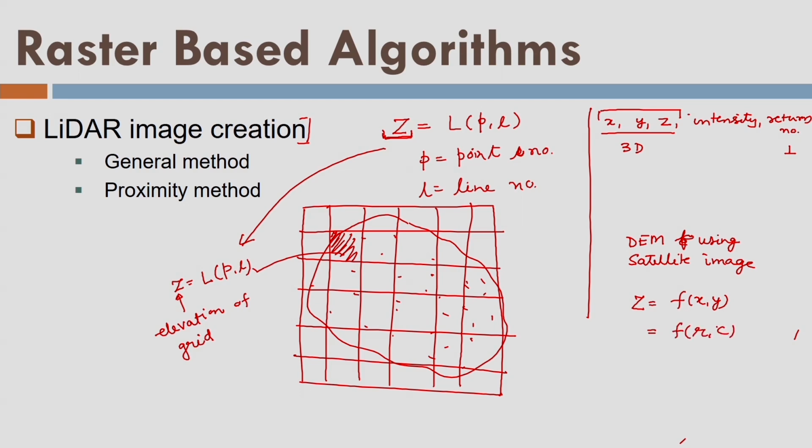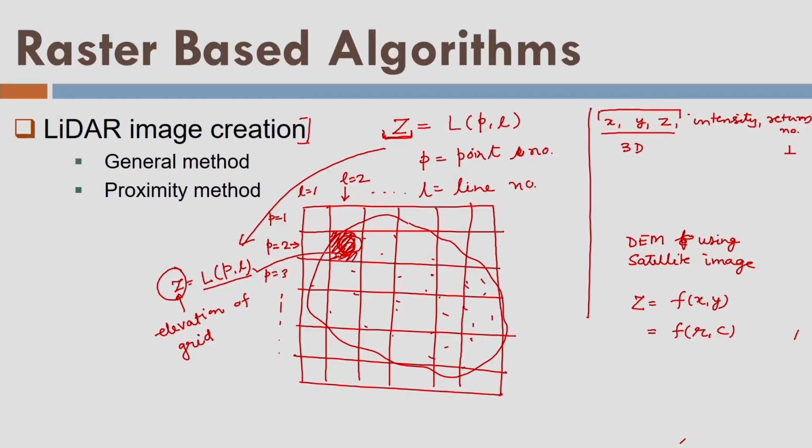So instead of this, I am representing this location by P and L. Now I want to find out what is the value of Z at a given location P, L. That means what is the value of Z for this pixel here. What are the methods that I can use in order to extract this information of Z using the LiDAR data? So that once I have filled the Z data for all the grids, I will have the digital elevation model.